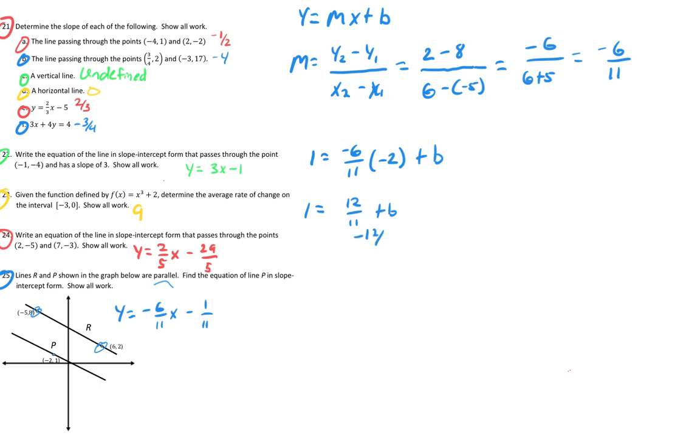We're now going to subtract 12/11 from both sides. Get 1 minus 12 over 11 is equal to b. Then we can find a common denominator. And we're going to get -1 over 11 is equal to our b. So y is equal to -6/11 x minus 1 over 11.